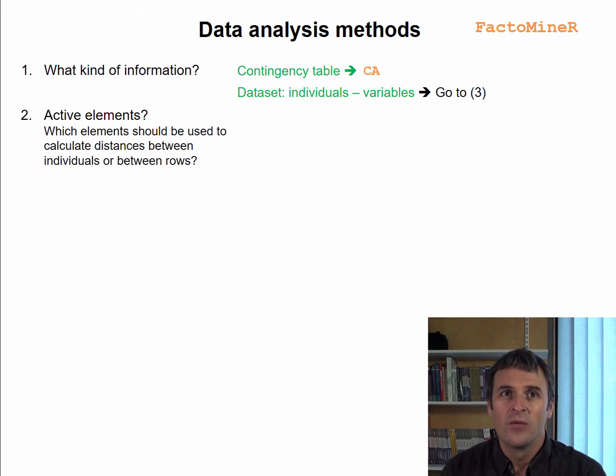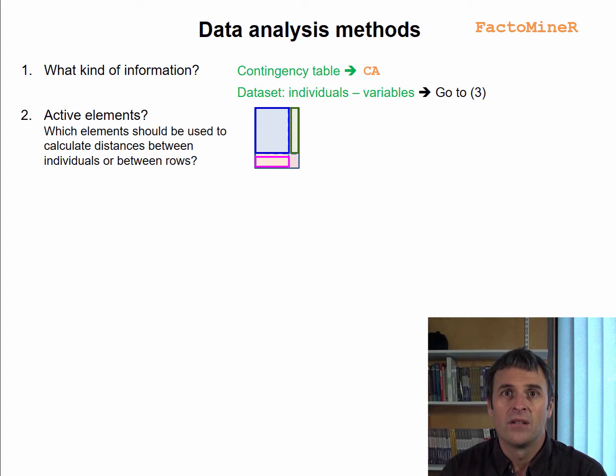Another question is which elements are active. By this we mean which elements should we use to construct the dimensions, and which elements should we use to calculate distances between individuals or between rows? By making this decision, we end up with a table with active elements in blue, supplementary columns in green, and supplementary rows in pink.